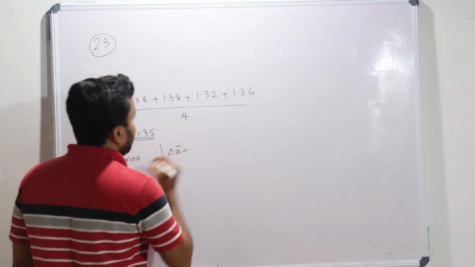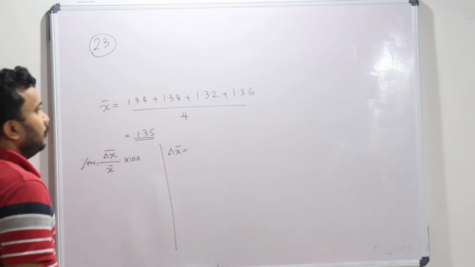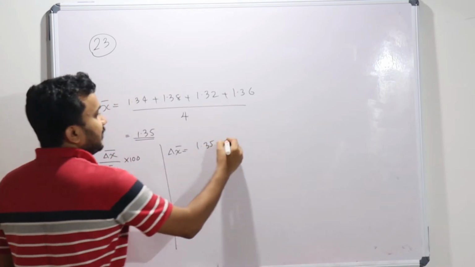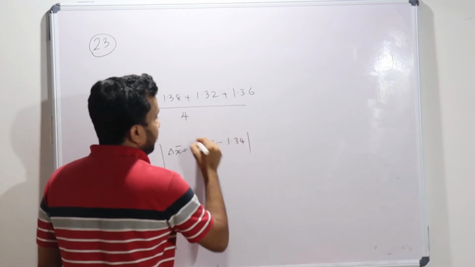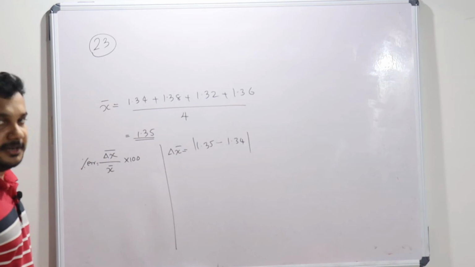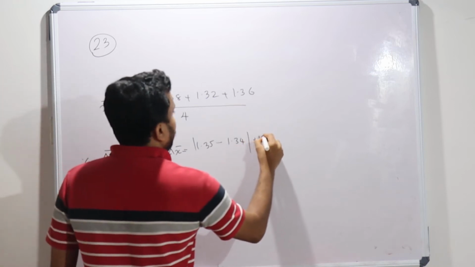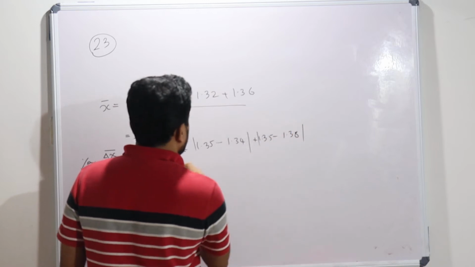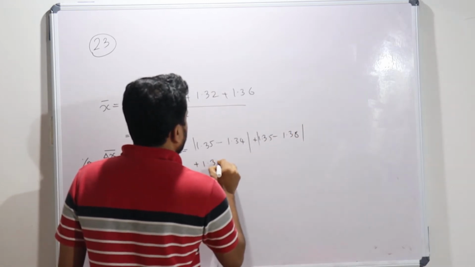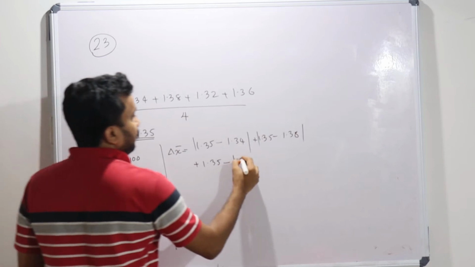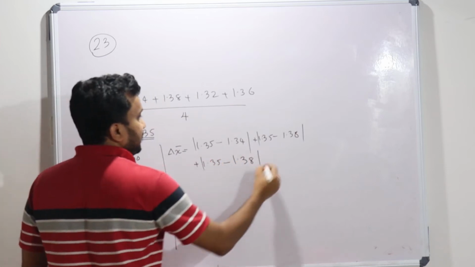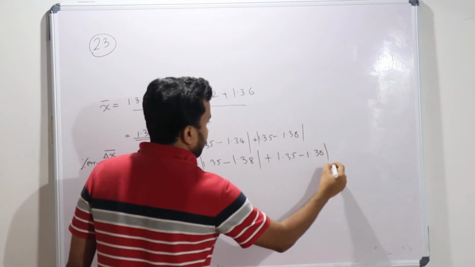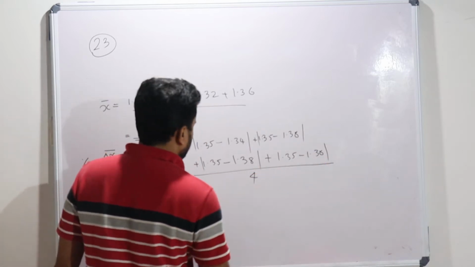We take each value and find the difference: 1.35 minus 1.34, taking the modulus because positive and negative will come, plus 1.35 minus 1.38 modulus, plus 1.35 minus 1.32 modulus, plus 1.35 minus 1.36 modulus, whole divided by 4.